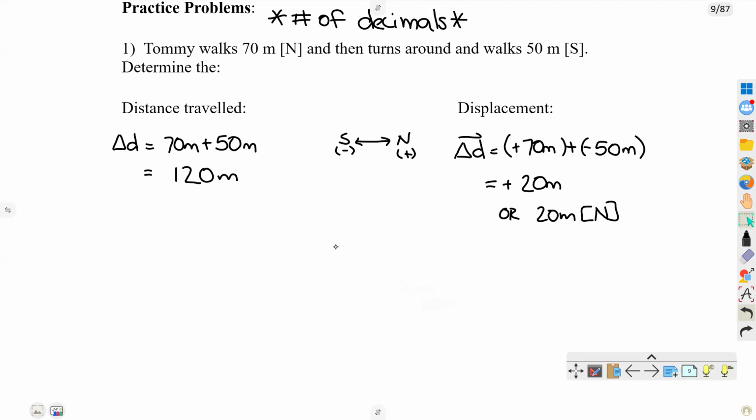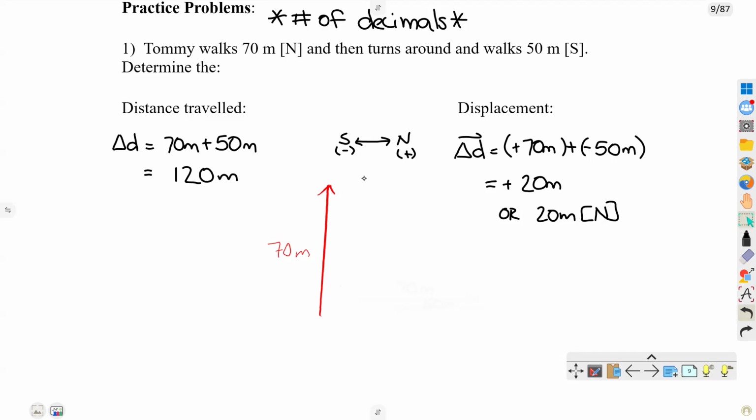The displacement. And again, you're going to have to forgive me because I'm going to try my best with this, but on the device that I'm using, it's not always going to work out the nicest. But basically, we're going to go 70 meters up this way. Actually, that's not too bad. Okay, so this is 70 meters.